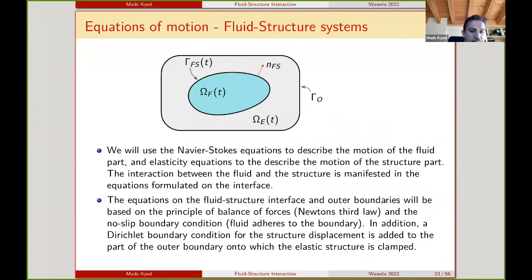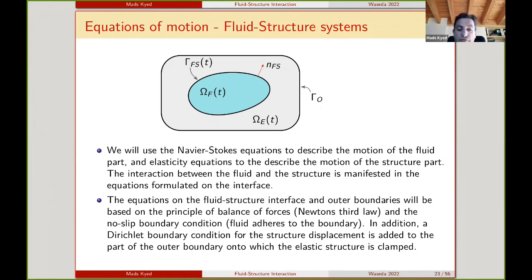Okay, so these boundary conditions will now be written based on the principle of balance of forces. So we stay completely within Newtonian mechanics, and no slip boundary condition for the fluid.